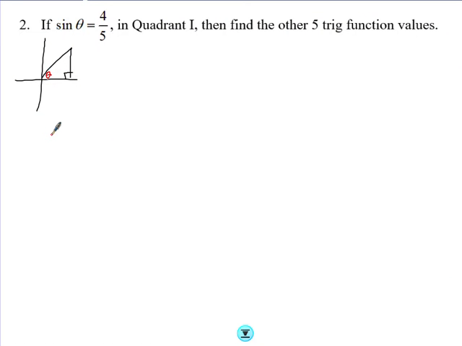We also know from geometry that sine is opposite over hypotenuse. So this tells us the opposite side is 4, the hypotenuse is 5. We can then use the Pythagorean theorem to find the missing side. So I have 5 squared equals 4 squared plus, I'm going to call this x squared.